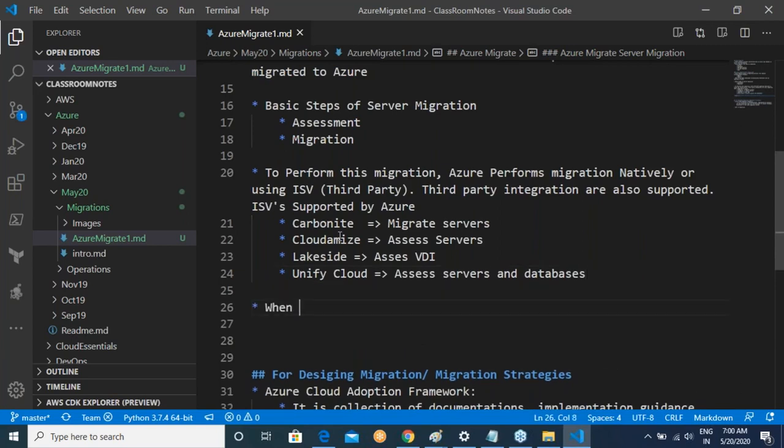When performing migrations, we can use Azure tools or third parties, which are also called ISVs, independent service vendors.